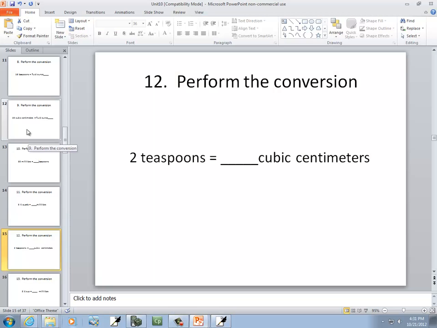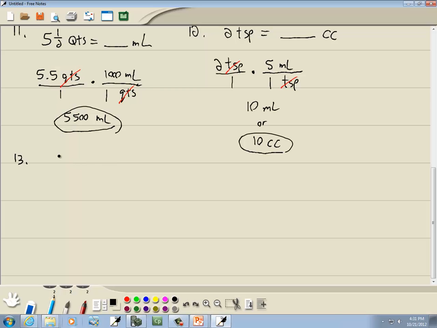Number 13. 3 1/4 cup equals blank milliliters. Well, the 3 1/4 cup, that's 3.25 cups.